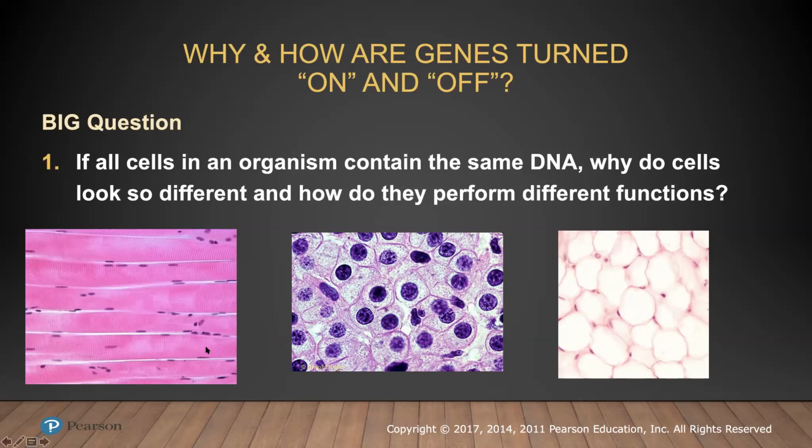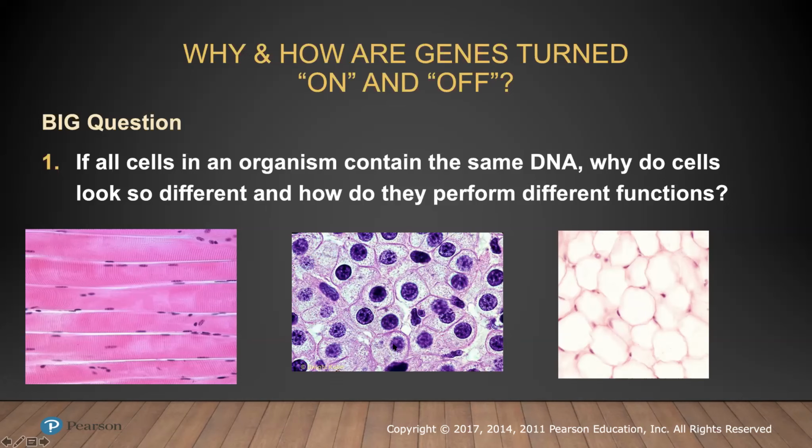And so what I grabbed here was images of different tissues from the human body. Here we've got human skeletal muscle cells. This one in the middle is skin epithelial cells. And over here on the right, we have some adipose or fat cells.